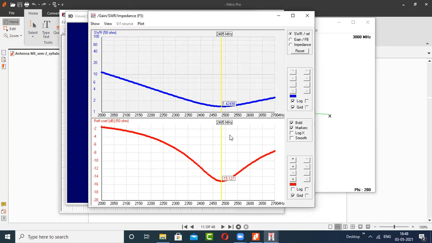Sir, can you suggest different values of length for which readings need to be taken? Any five? Add 5 mm to your calculated value. You started with 3 gigahertz, you calculated lambda at 3 gigahertz, took lambda by 2 and started your simulation.